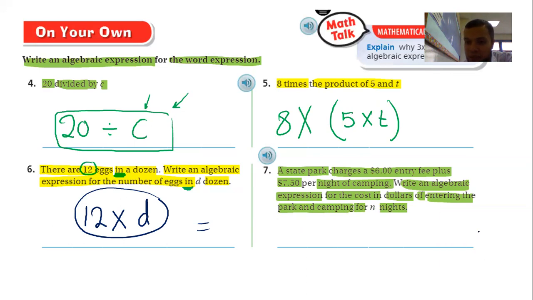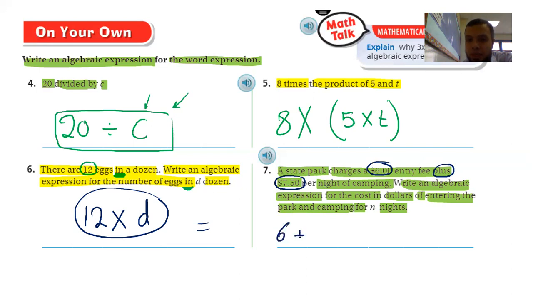What should you do? First, try to understand the first sentence. A state park charged $6, plus $7.50 per night. Per what? Per one night.